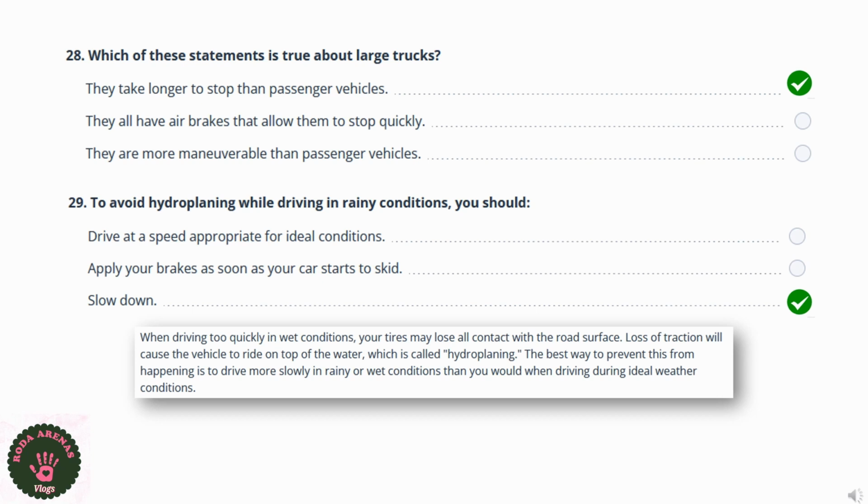Note, when driving too quickly in wet conditions, your tires may lose all contact with the road surface. Loss of traction will cause the vehicle to ride on top of the water, which is called hydroplaning. The best way to prevent this from happening is to drive more slowly in rainy or wet conditions than you would when driving during ideal weather conditions.